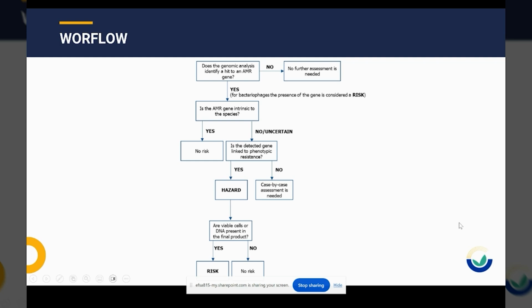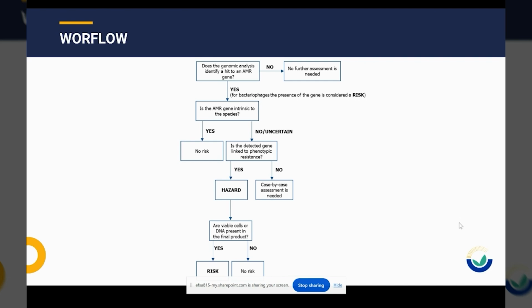The way to proceed with respect to these two analyses is explained in the guidance with a workflow, which always starts with whole genome sequence analysis of the genome of the strain. If matches for antibacterial resistance genes are found, in the case of bacteriophages, this presence is already considered a risk.